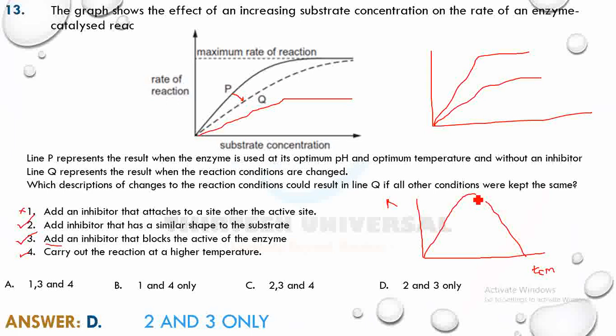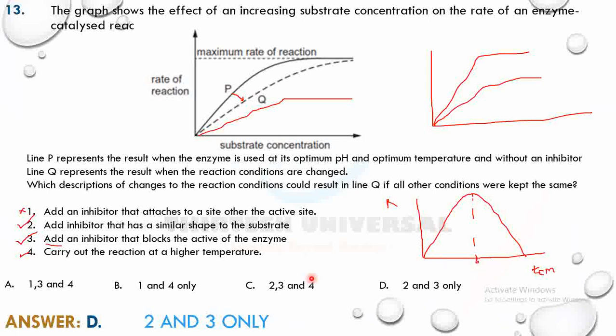So this is the optimum temperature. At temperatures higher than the optimum, the rate of reaction will decrease. So from here down is higher than the optimum here.